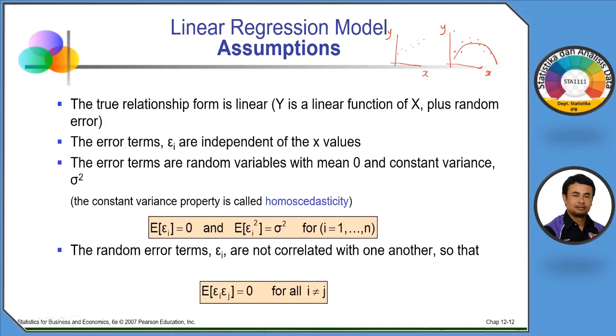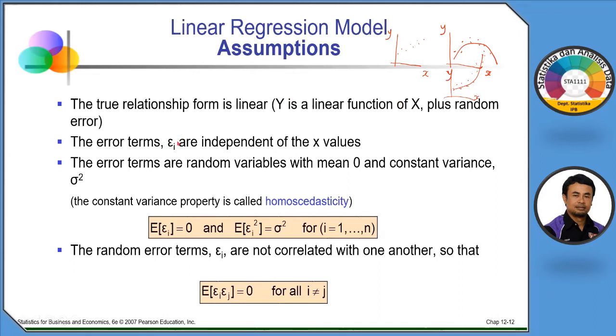So here in this lecture we talk about a linear pattern only. We don't talk about something which is non-linear, like maybe let's say x here, the y here, and maybe the pattern is like that, right? So this one is also not linear, right? So here it is assumed that the form of the relationship is linear.